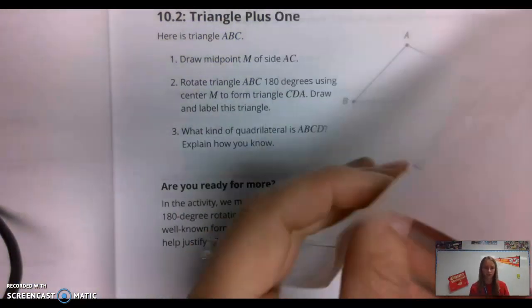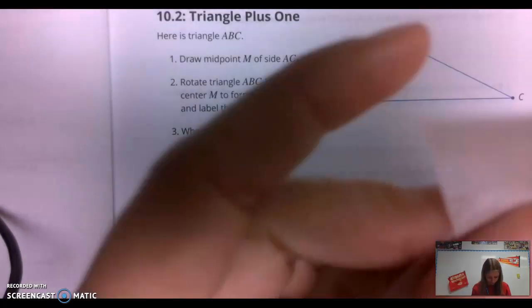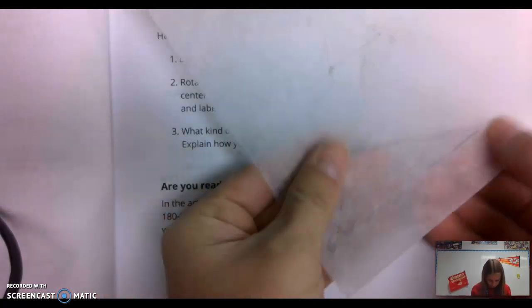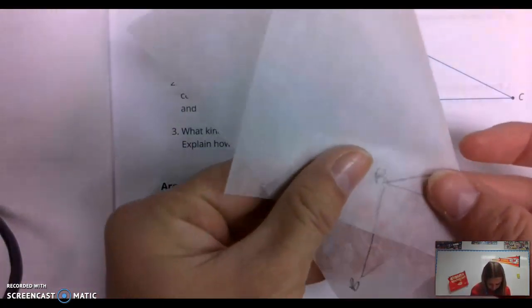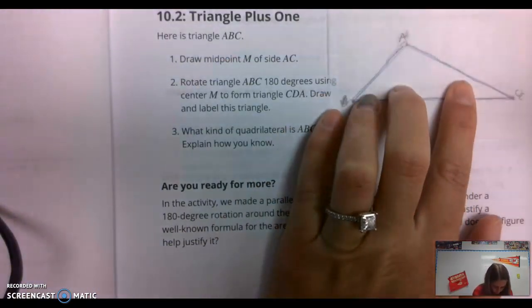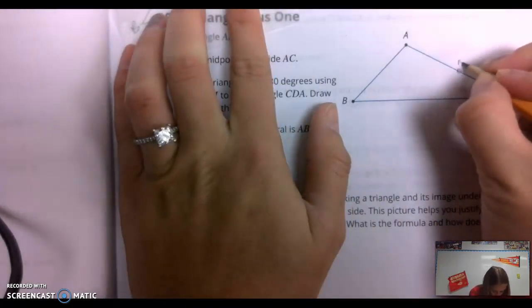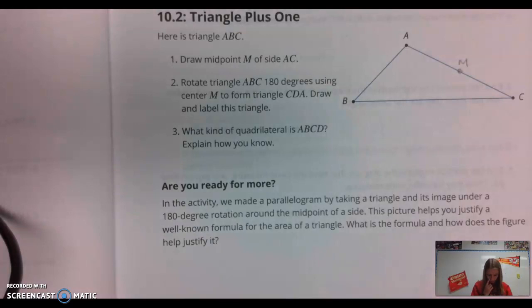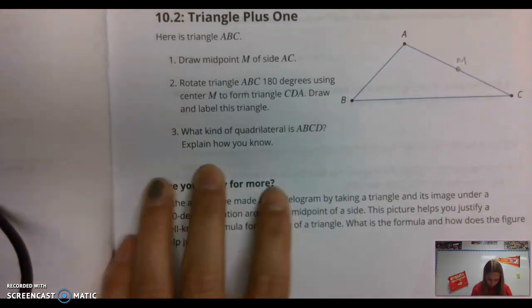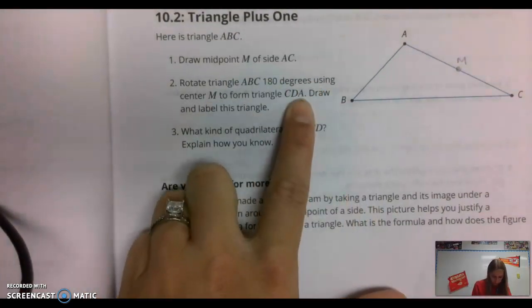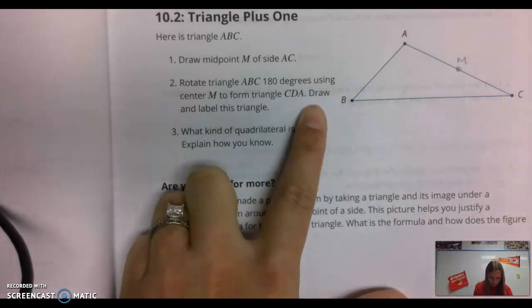So what I'm going to do is fold my patty paper in half, fold C on top of A to get that crease where the midpoint should be. Labeling that M.